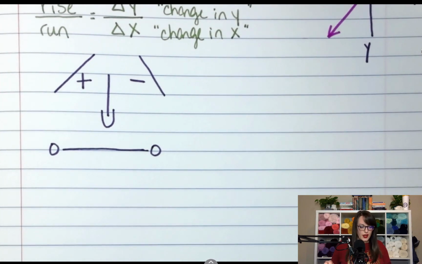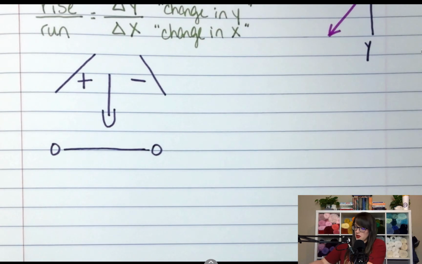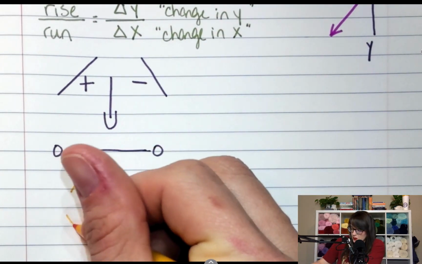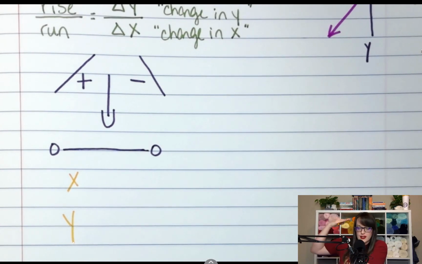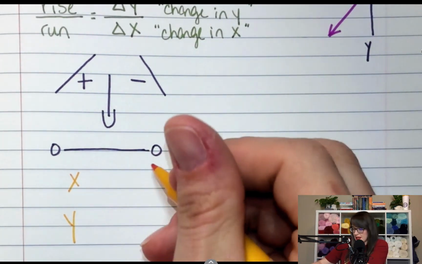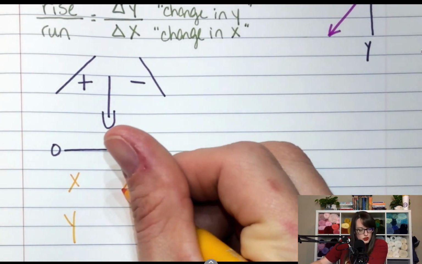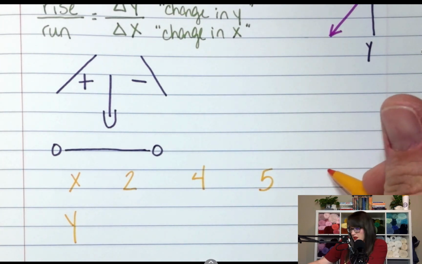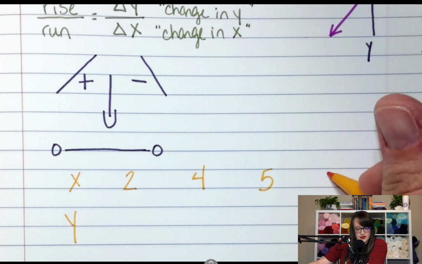If I gave you a table where I had my x and y values. X is always the top value in a table. And I told you that x was 2, 4, 5, 6.